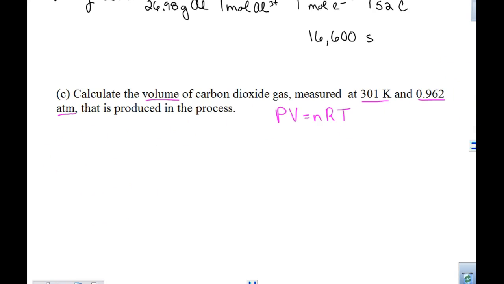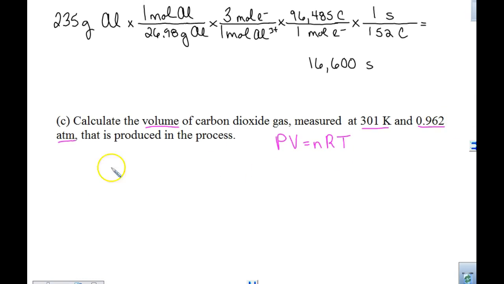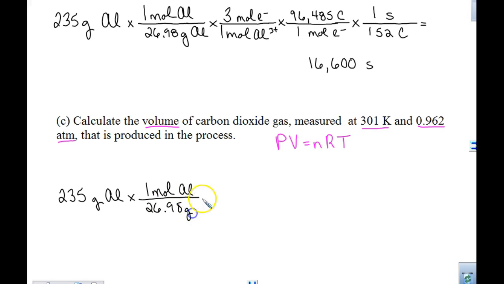So, going back to the fact that we have 235 grams of aluminum formed, I'm going to convert that to moles. And then to go from moles of aluminum to moles of carbon dioxide, we need the mole ratio from the balanced chemical equation.